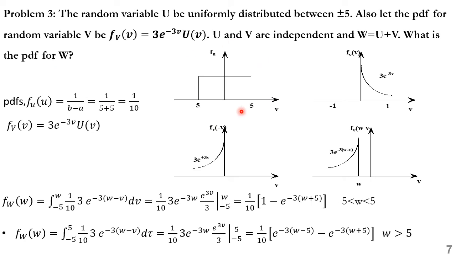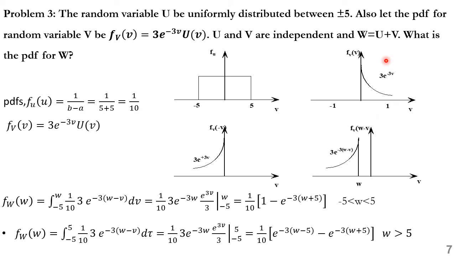So this U is uniformly distributed between minus 5 to 5, whereas the PDF for V is given as 3 e to the power minus 3v u of v, which is plotted here. And the PDF for U is given by 1 over 10.